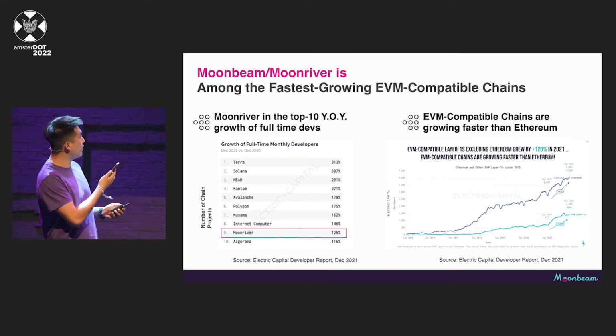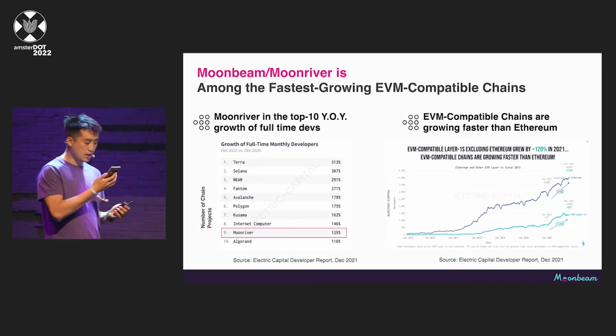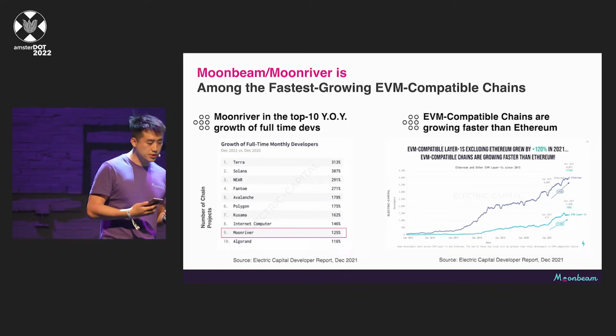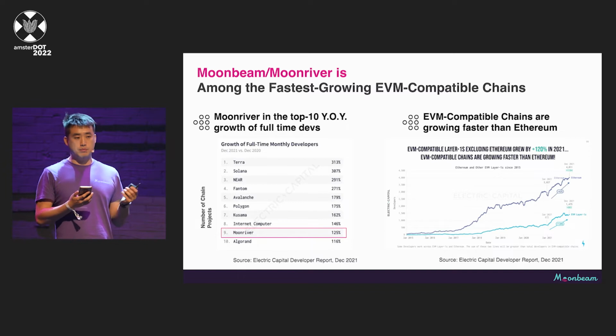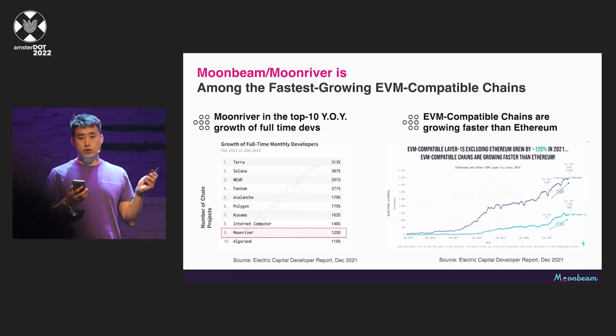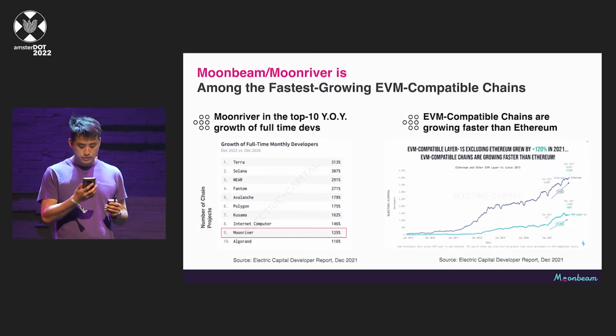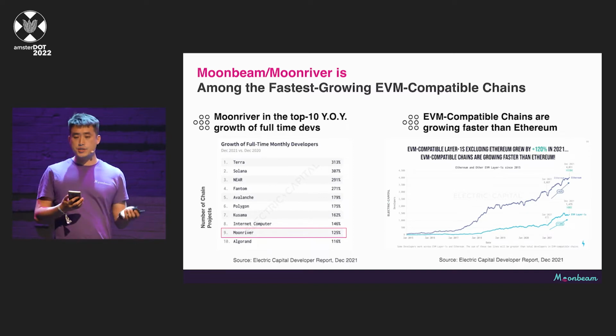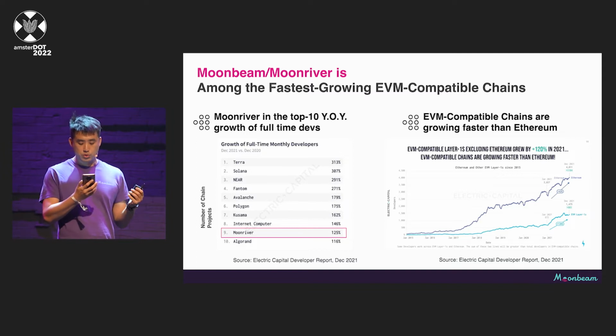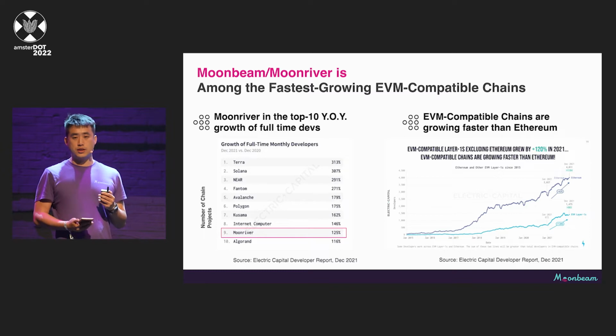In the graph on the right, you can see that Ethereum compatible chains are actually growing at a higher rate than Ethereum itself. That trend might change at some point, but as of now, this trend is still true. And as you can see on the left, our sister network, Moonriver, was one of the fastest growing chains for the number of full-time developers in 2021.